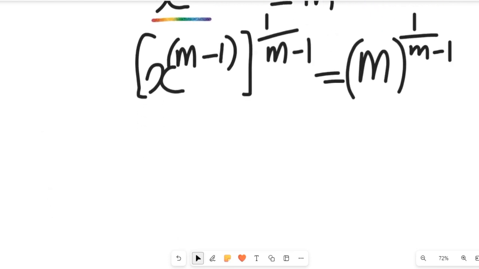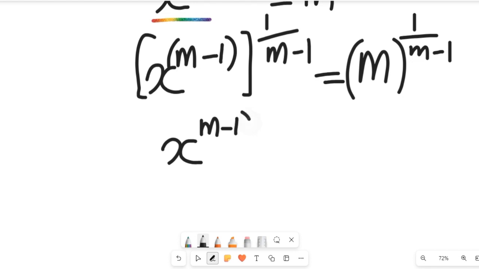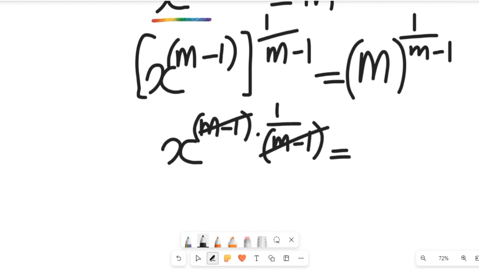Great. Now, having done that, according to the law of indices, this will give us x to the power of m minus 1 multiplied by 1 divided by m minus 1. And you see that this will simply clear, and this will be equal to m to the power of 1 divided by m minus 1.